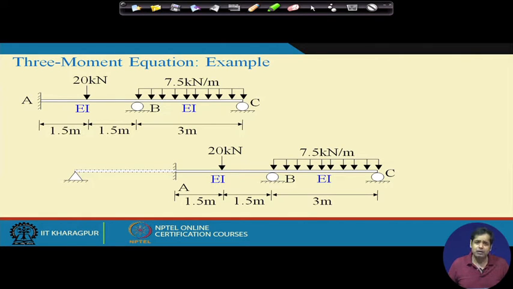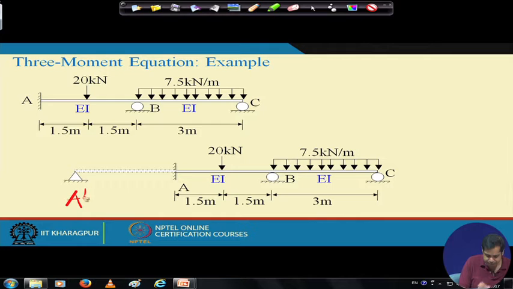What happens if we extend, suppose this is the actual length of the beam, AC is the actual length of the beam, and we assume a fictitious, imaginary length of the beam, which is, say, A dash. A dash could be of any length.